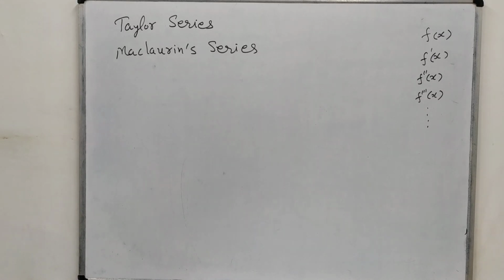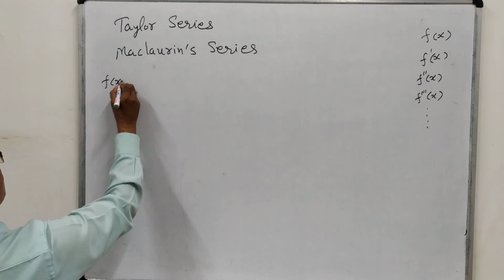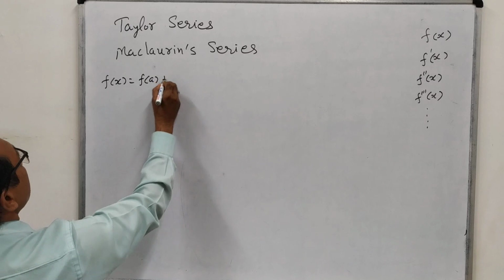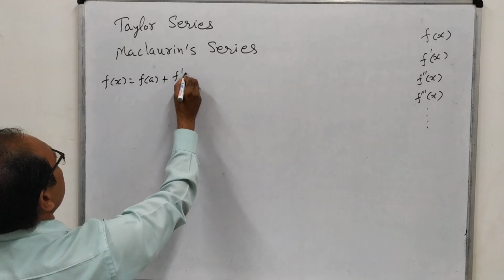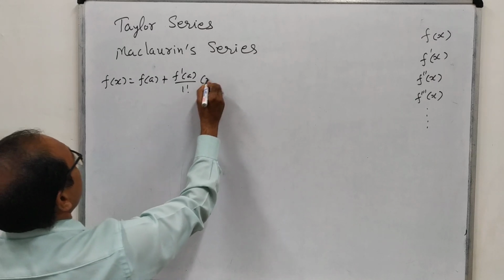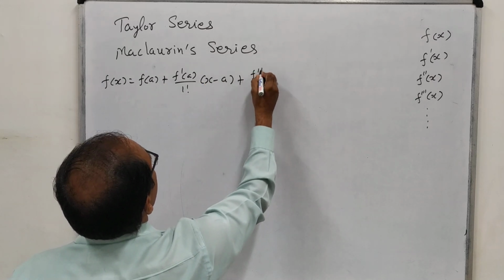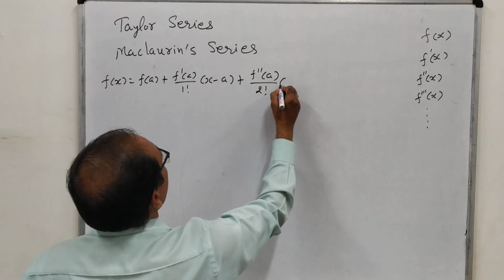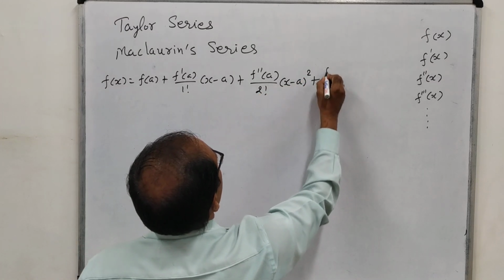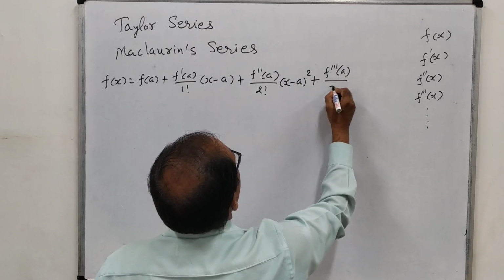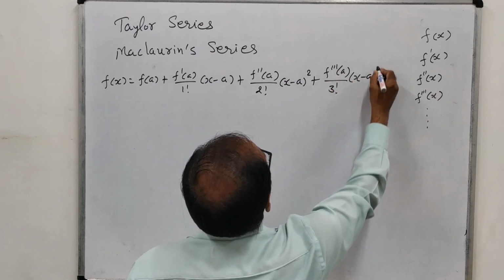Okay? And at that time I also explained to you to remember the 3 formulas for Taylor series. Here I will write down the 3 formulas. The basic formula, the main formula for Taylor series, is f of x equal to f of a plus f dash a upon 1 factorial into x minus a, plus f double dash a upon 2 factorial into x minus a whole square, plus f triple dash a upon 3 factorial x minus a whole cube, plus dot dot dot.